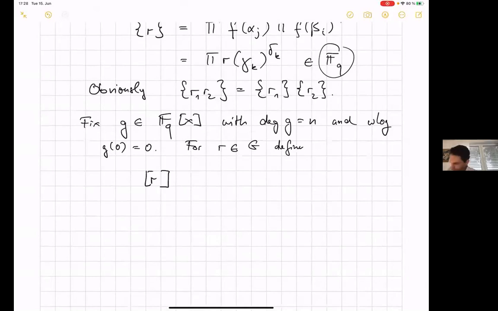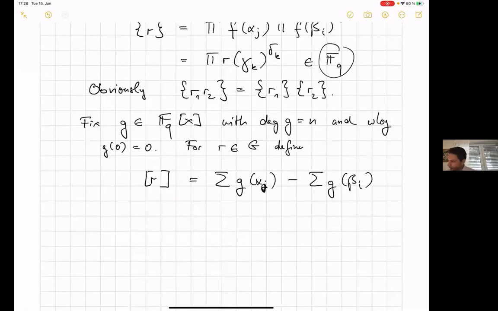R in square brackets is the sum of g of alpha_j, so I evaluate g at the roots of R, minus g of beta_i. Empty sums are 0 as usual. So if there are no betas, then the sum is just not existent. And this is obviously additive.